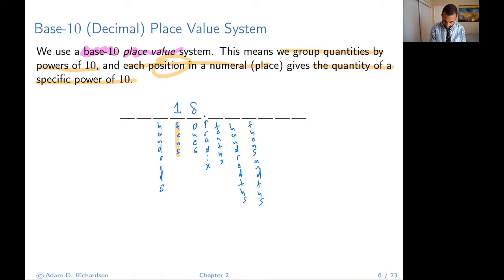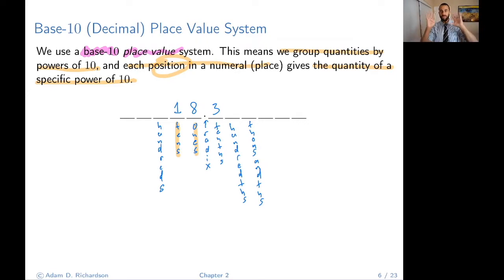So we write it right here. There are 8 ones, and that's why that symbol 8 goes in the ones place. And then 0.3, that's not even enough to get a whole 1. So instead we put it over here in the tenths place. And that's the whole idea right there.